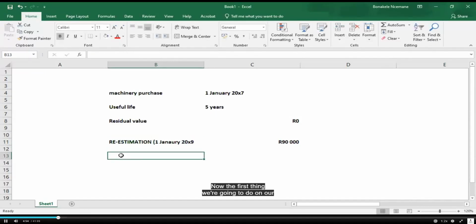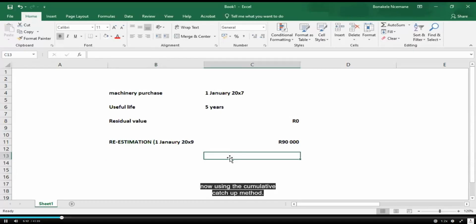The first thing we're going to do on our required is calculate the effect of the change in estimate, now using the cumulative catch-up method. What is important is that when we calculate the effect of this change, we need to first of all know what was and what is now.